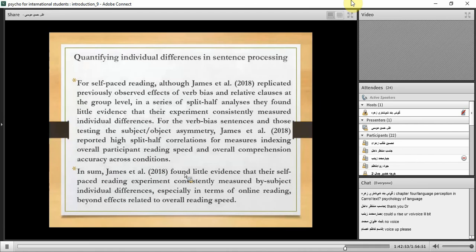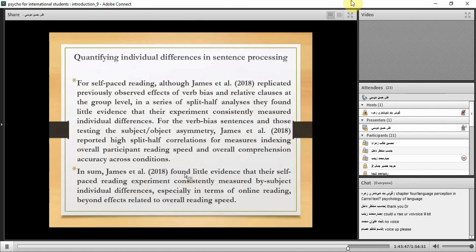For self-paced reading, James and others in 2018 replicated previously observed effects of verbs and relative clauses at the group level. In a series of split-half analyses, they found little evidence that their experiment consistently measured individual differences for the verb sentences and those testing the subject and object asymmetry.